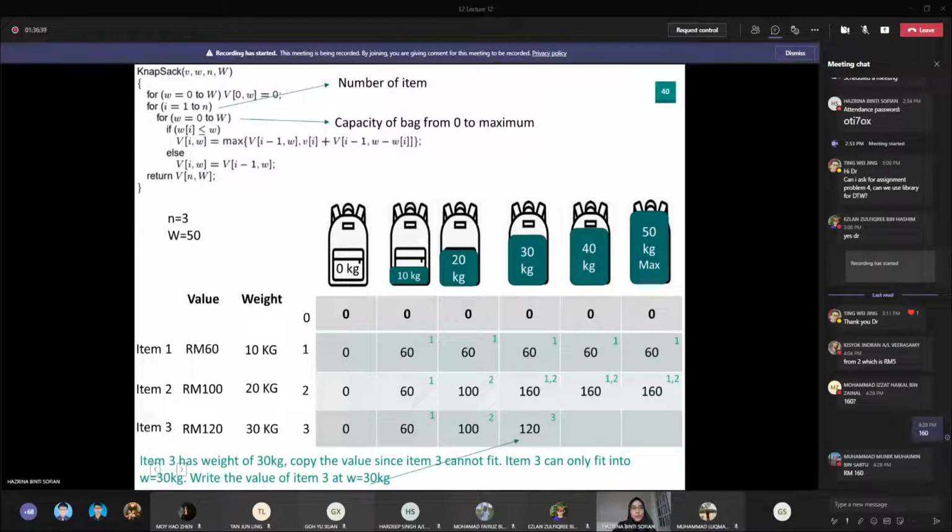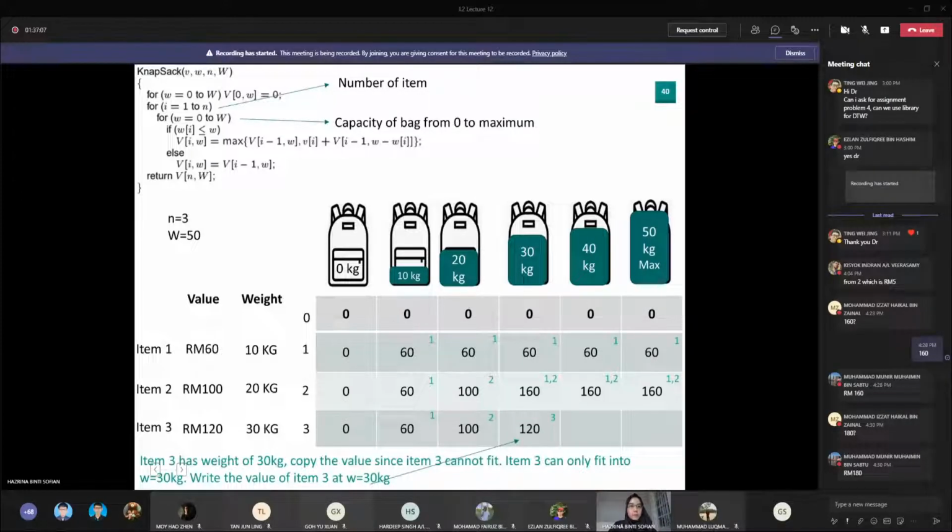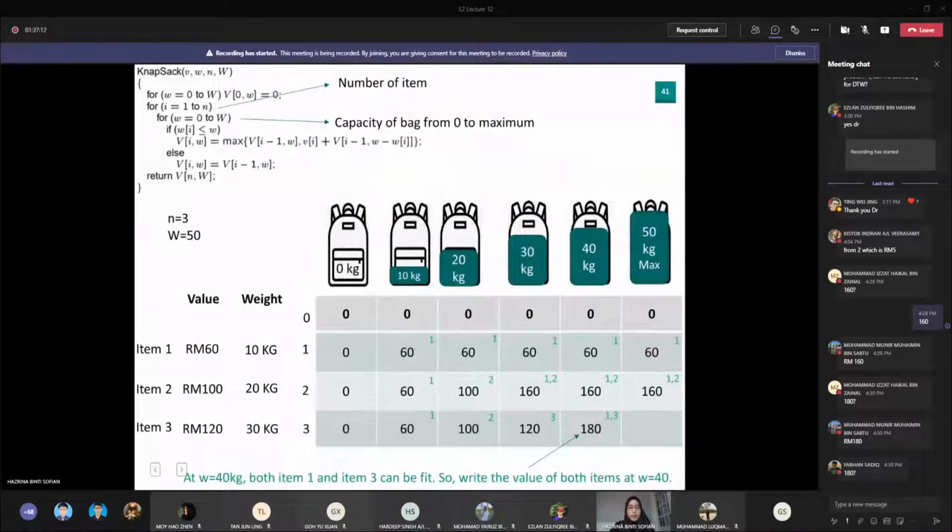What would be the value? Yes, is that correct? Any other answer? So it will be 180.